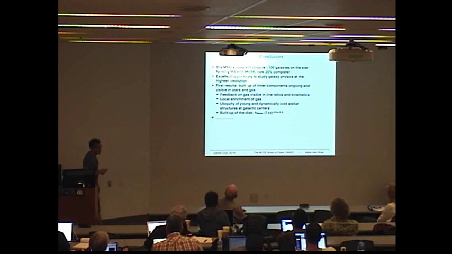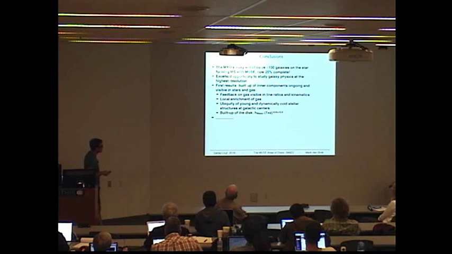This survey is really a good opportunity to study galaxy physics, particularly for galaxies on the main sequence at the highest resolution. And we have some first results. Most of these are preliminary. We need to do simulations to back things up. So we see feedback in the gas. We see local enrichment of the gas, and we think that the disks build up like this. So, thank you.